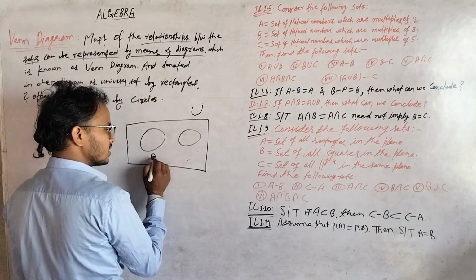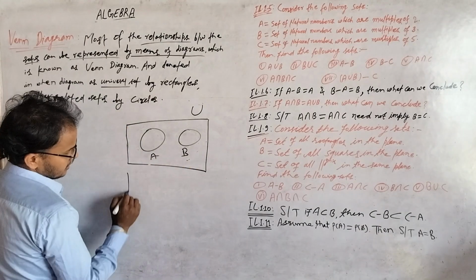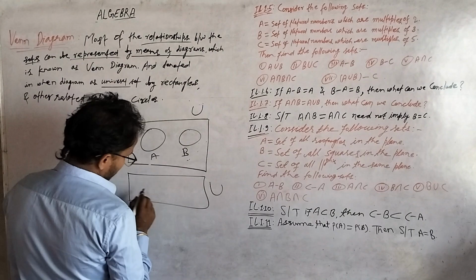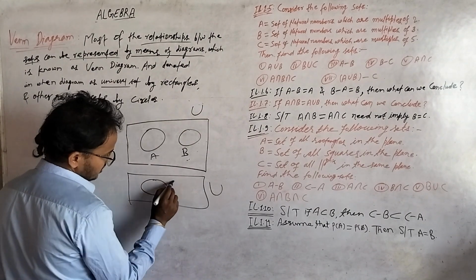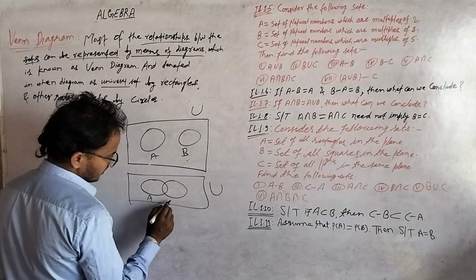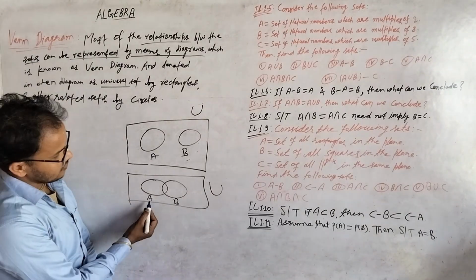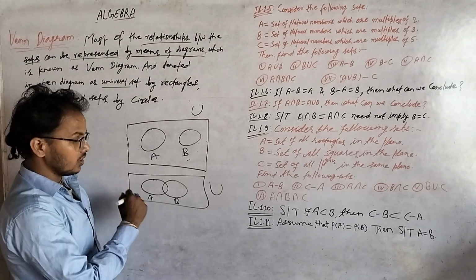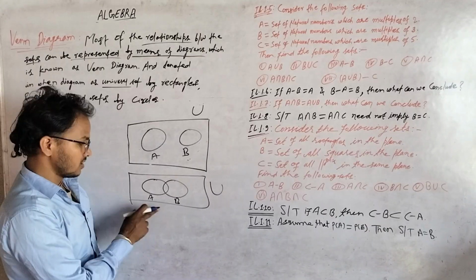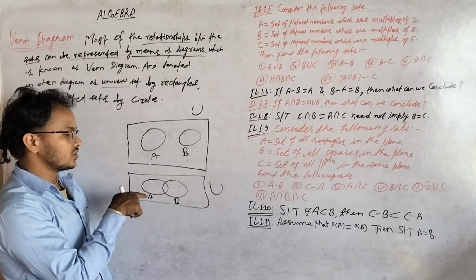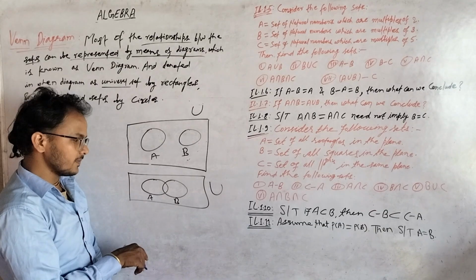Firstly we write it here without the intersection, and then we take another example. This is a universal set, and suppose an intersection is also present. That means this represents the relationship of A, B and U. All three sets and their relationships are represented through the diagram. So this is known as a Venn diagram.